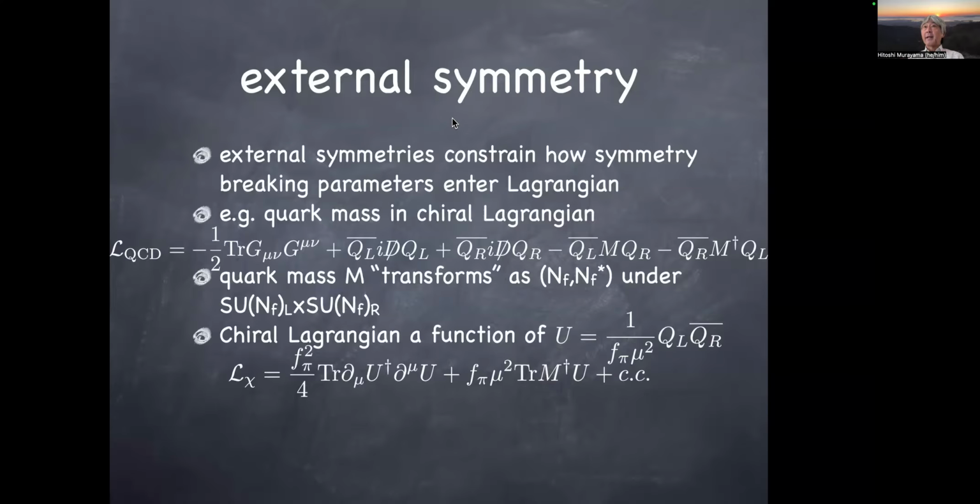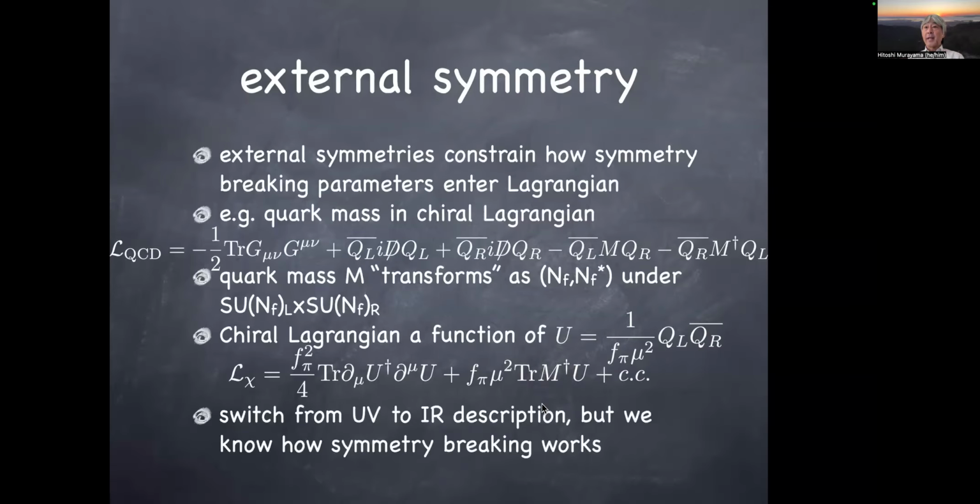So in this case, having an external symmetry to the theory, namely chiral symmetry, dictates how the low energy theory can contain the symmetry breaking. That's the way we have been using this idea that external symmetry is useful to have theoretical control on how a breaking parameter can enter even in non-perturbative physics.